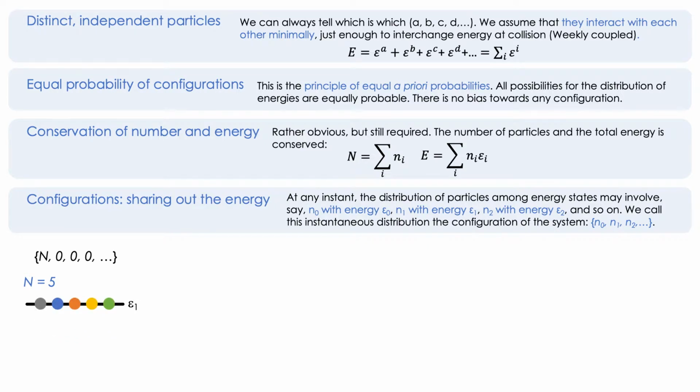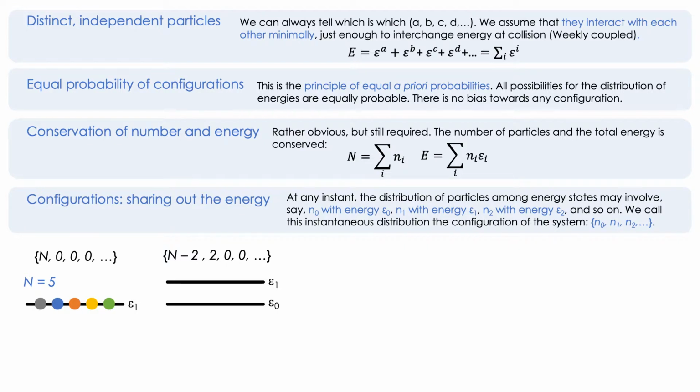There is a typo here. It's not E1, it should be E0, although we could do the same for any other energy level. Now, imagine we have this other configuration in which 2 molecules are promoted to the second energy level, E1, and now we have other possibilities.